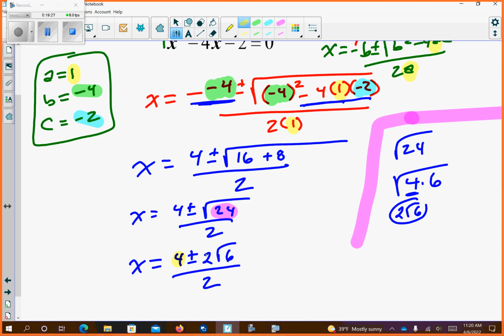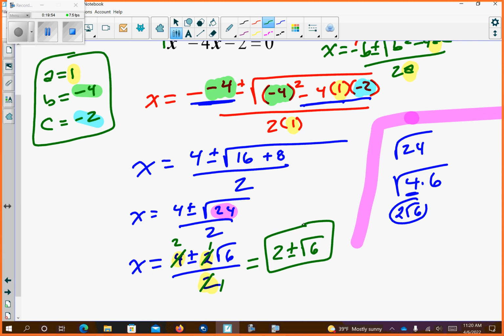So remember when we were saying things that are outside the radical, we can reduce? What number does it appear that 4, 2, and 2 all have in common? 2. So I'm going to say, all right, well, 2 goes into itself once, goes into itself once, goes into 4 twice. So my answer to this is truly 2 plus or minus square root 6. Yes, you could have the 1 in front of it. It's over 1, but this is what my answer is. That's 2 answers.